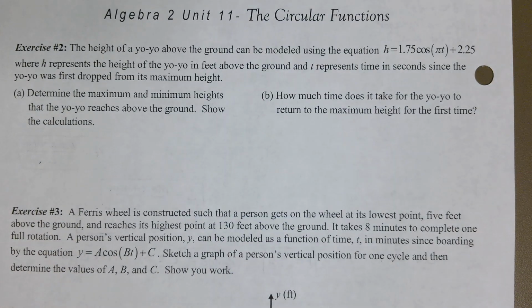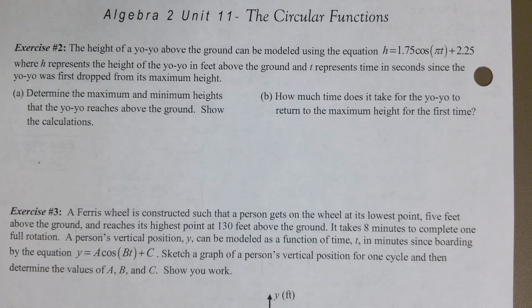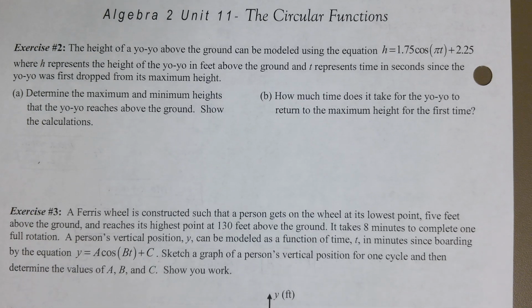Exercise 2, the height of a yo-yo above the ground can be modeled using the equation lowercase h equals 1.75 cosine pi t plus 2.25, where h represents the height in feet above the ground and t represents time in seconds since the yo-yo was first dropped from its maximum height. Determine the maximum and minimum heights. Show your calculations.